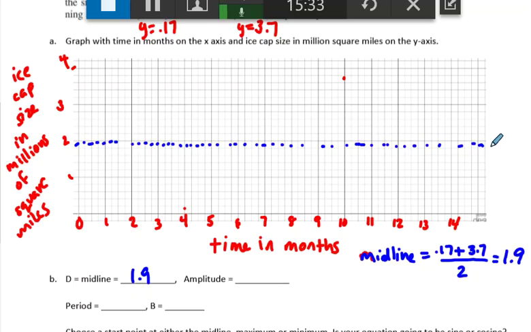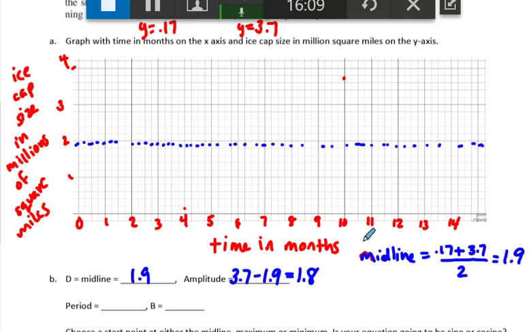All right, what two numbers can I subtract to find my amplitude? Yes, this is 3.7 here, and this is 1.9 here. So if I subtract those, it should give me my amplitude. Okay, could anybody tell from the context of the problem what the period of this graph is? 12 what? 12 months, that's right.